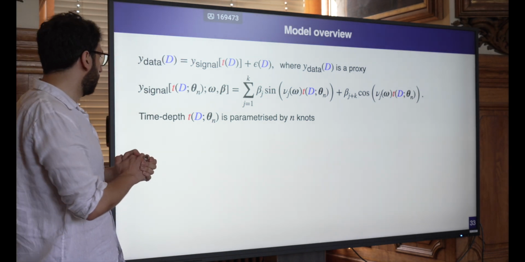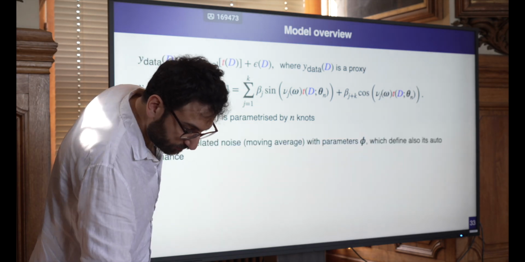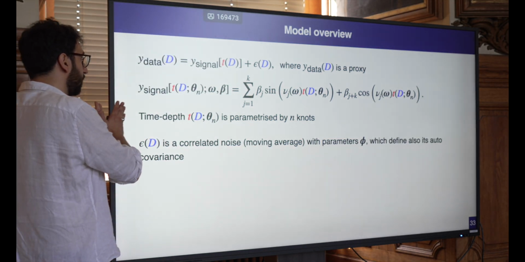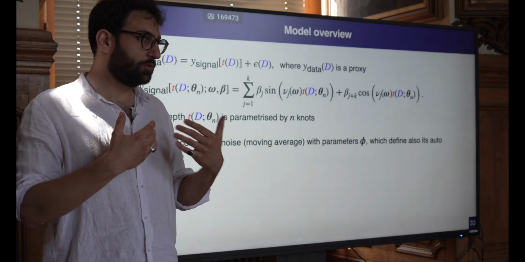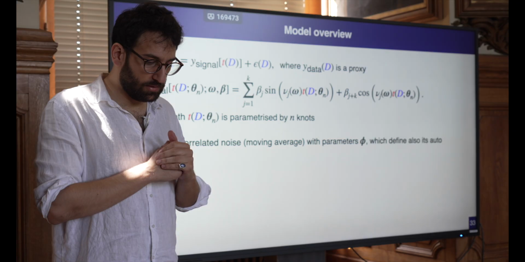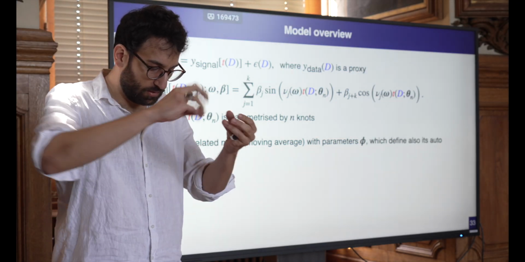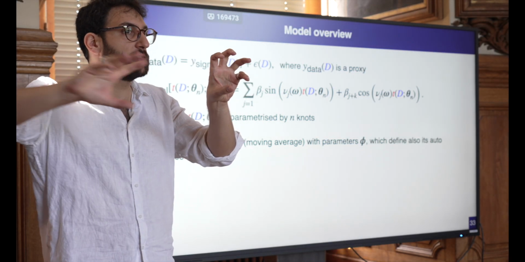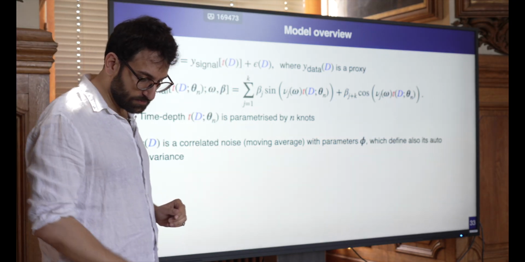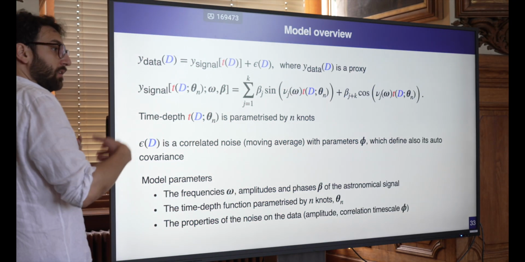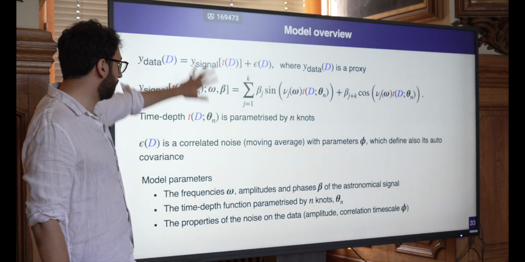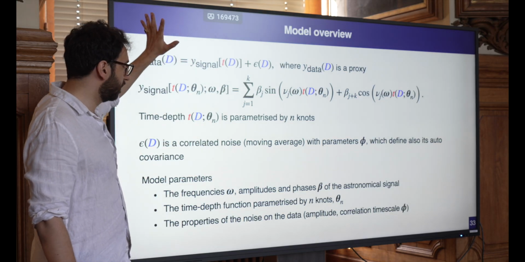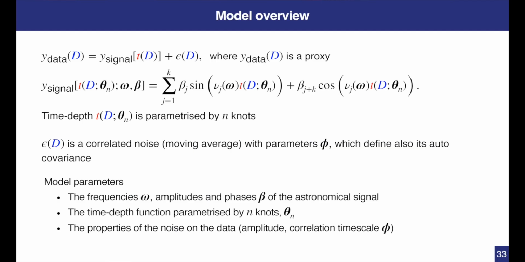The time depth function is parameterized by n knots, and the noise component is a correlated noise assumed to be an autoregressive process, which is parameterized by the phi, how the value of the noise depends on the previous values of the noise. So looping back to your question, these are the equations, the precise mathematical definitions which define the parameters we are looking for.